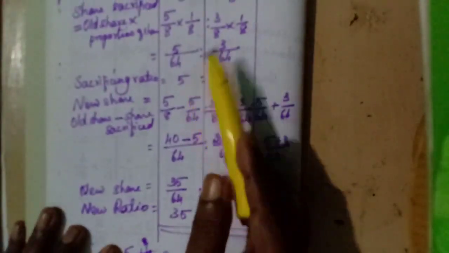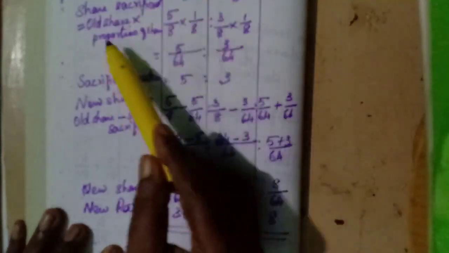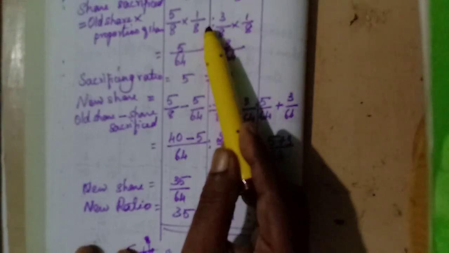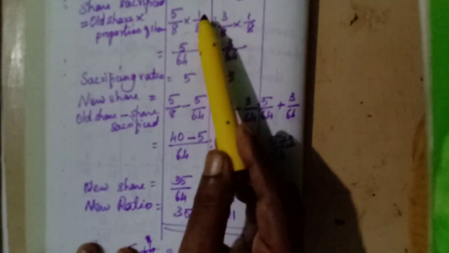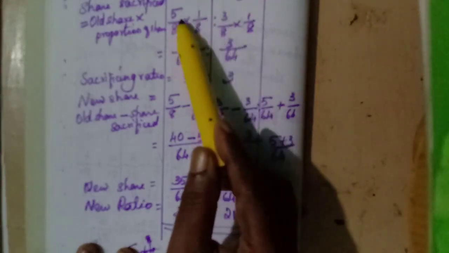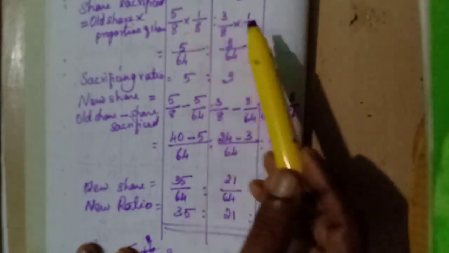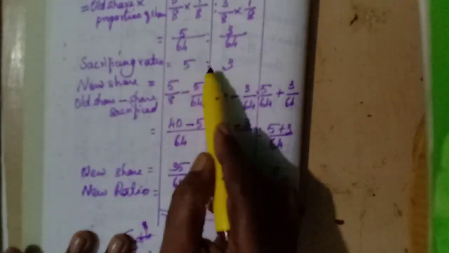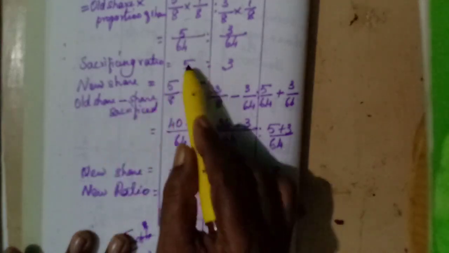The same method. Okay, another problem. Old share, old ratio, old share, share sacrificed, proportion given 1/8 only they are sharing. So, old share into proportion of the share sacrificed, proportion 1/8. Okay, we will get the share sacrificed. The new share: old share minus share sacrificed.